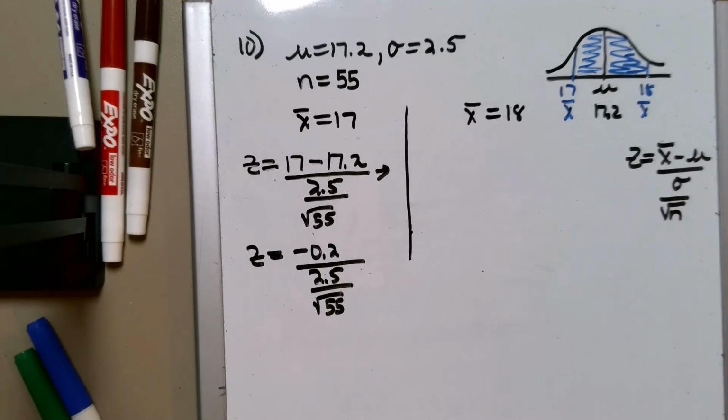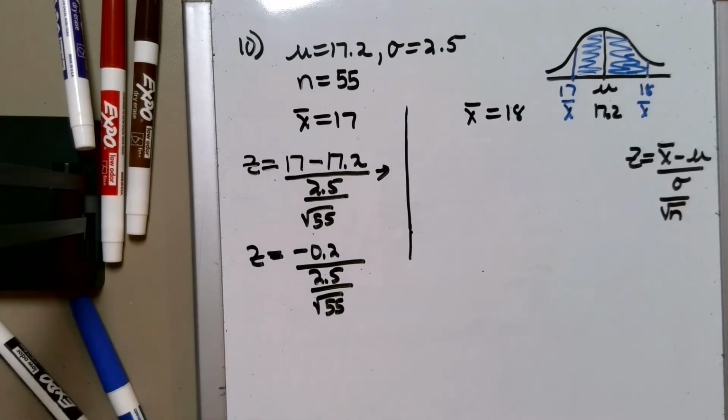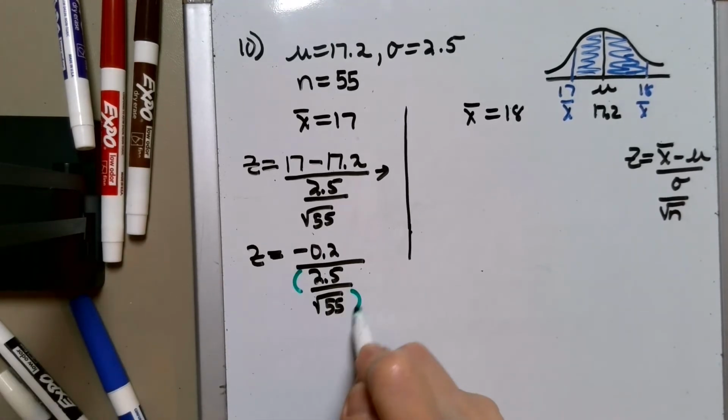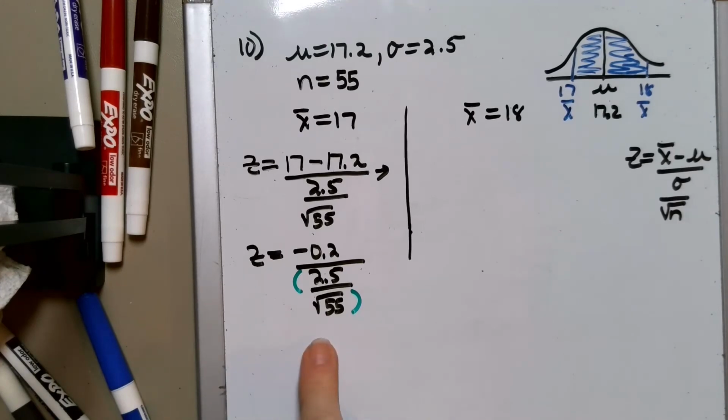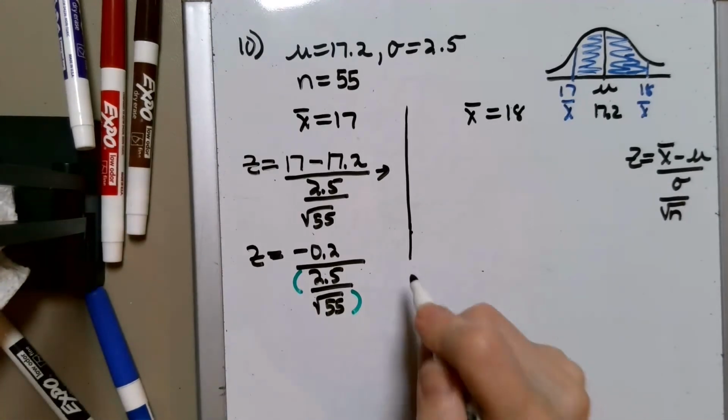If you cannot get this into your calculator correctly, you need to use parentheses, by the way. If you're having trouble getting the right answer, take the square root of 55 in your calculator, which is going to be 7 point something, about 7.4162 approximately. Carry like 4 or 5 decimal places. Write that down. But remember, you need these parentheses to make this work out. Otherwise, you're not going to get the right answer.